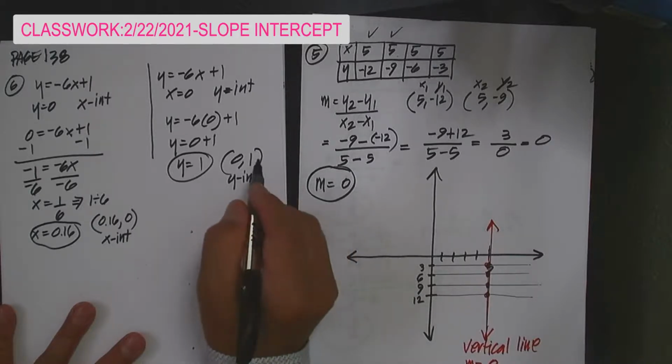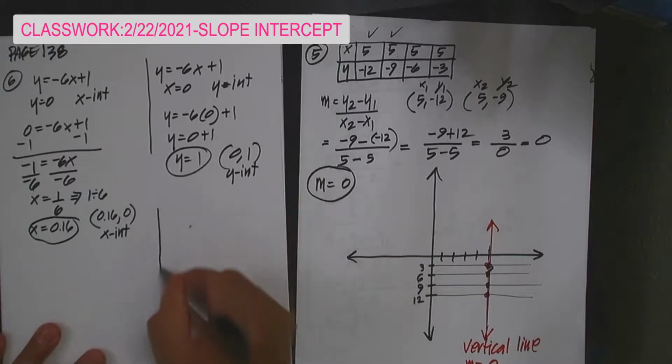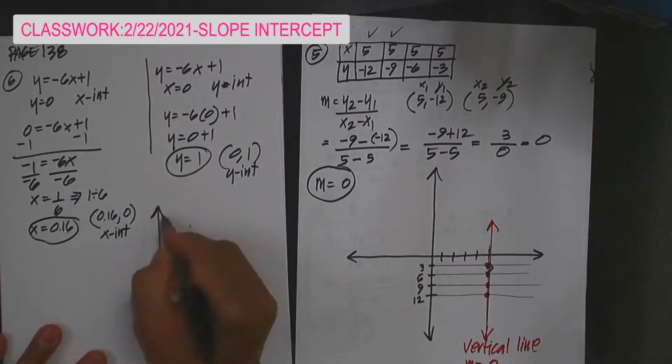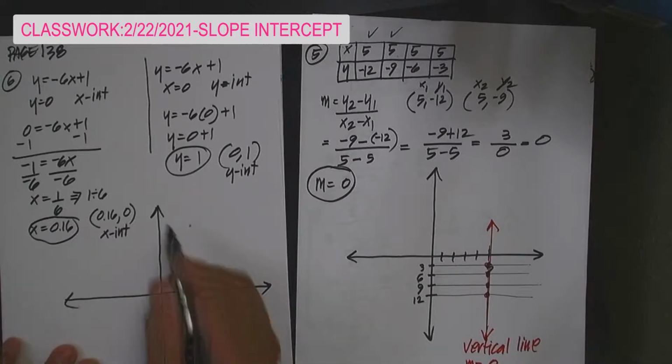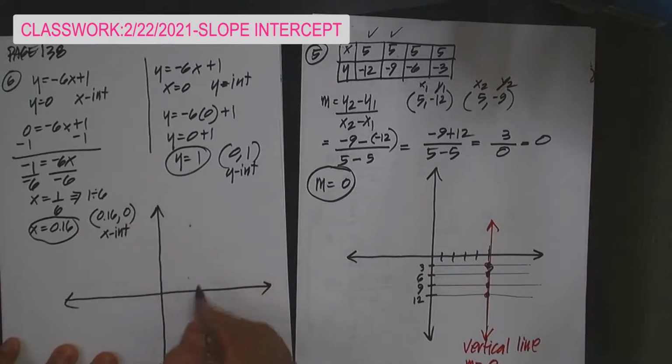Now, we have to graph this in order for us to find the slope. So you have right here, this is positive 1. That is 1. And this is where your 0.16 is.